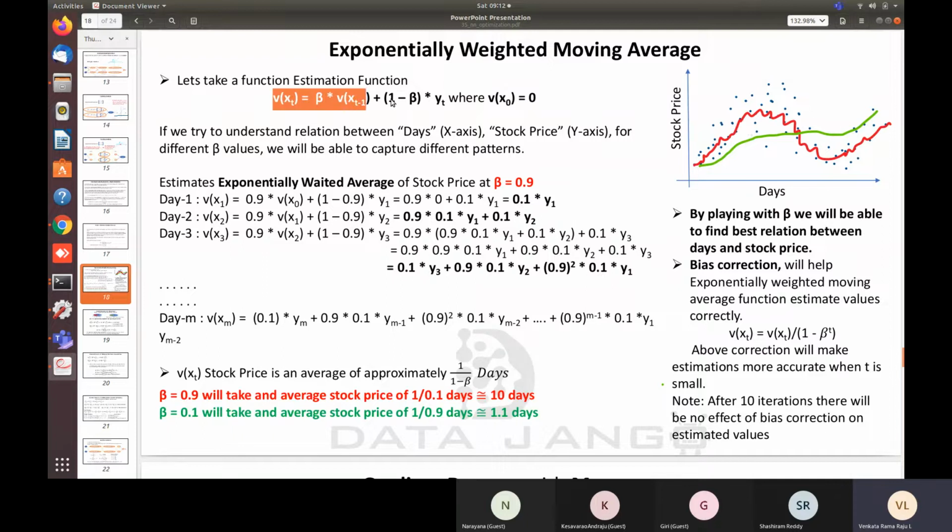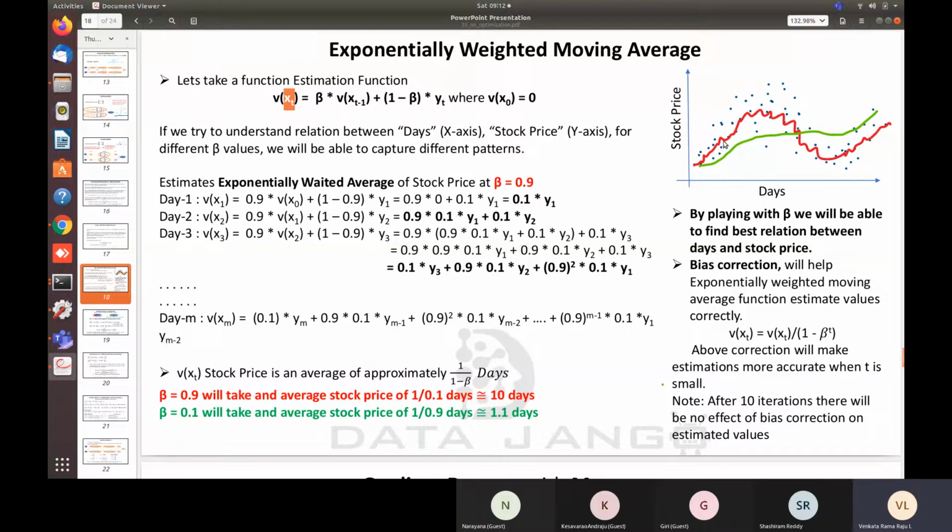So what is this equation that we need to understand? v of xt means v is a function of x, time. V of xt means on a particular day, what is the stock price, or if it is rain, what is the amount of rainfall on a certain day.